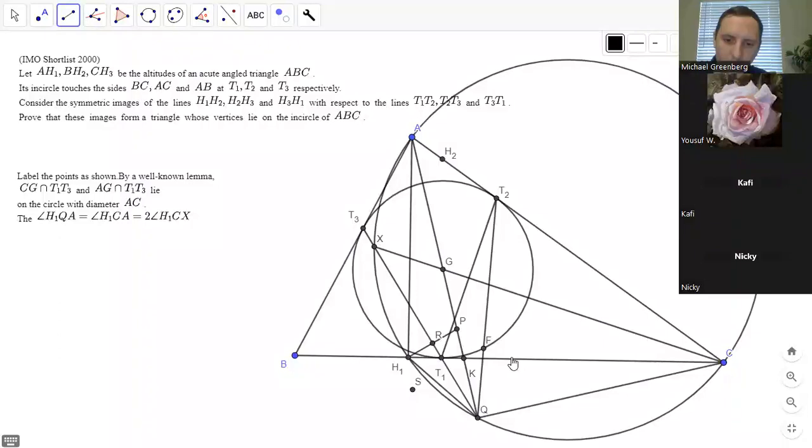So how did we define F originally though? Because it's obvious that if you reflect T1 over the angle bisector, it lies on the incircle. That's trivially true, because this line just passes through the center of the circle. I feel like we defined F a different way. Oh, if you let it be QT2 intersect the circle.